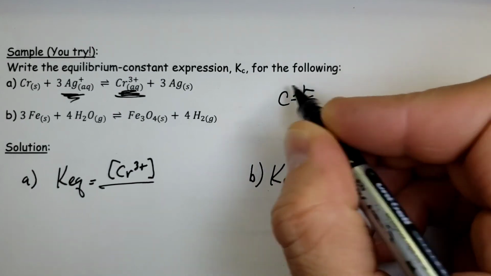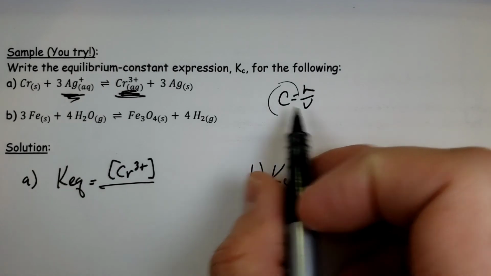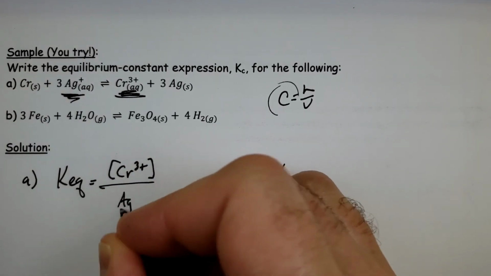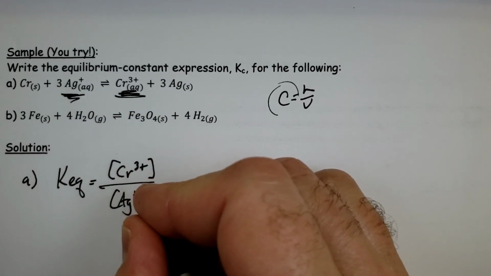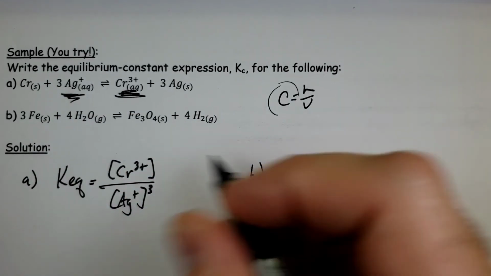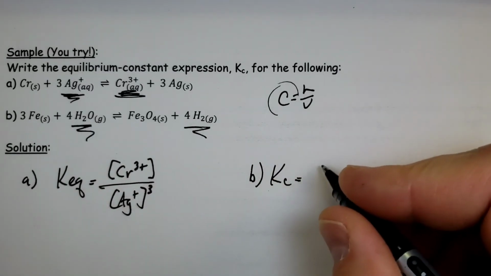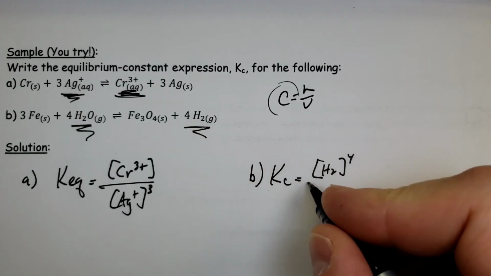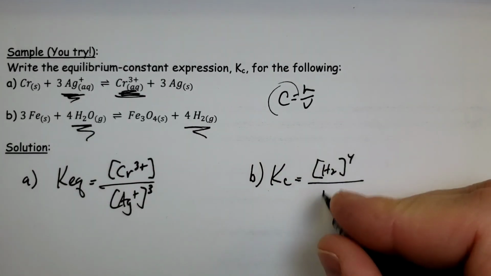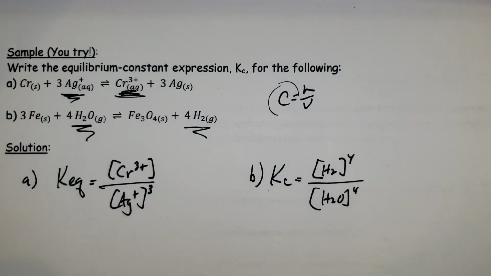C equals n over V, the amount of material dissolved in a volume of solution. And then silver ions, there are 3 here, multiplied by themselves, there we go. And the last one, let's see, solid, gas, solid, gas. So H2 to the 4, all over H2O to the 4. That's it.